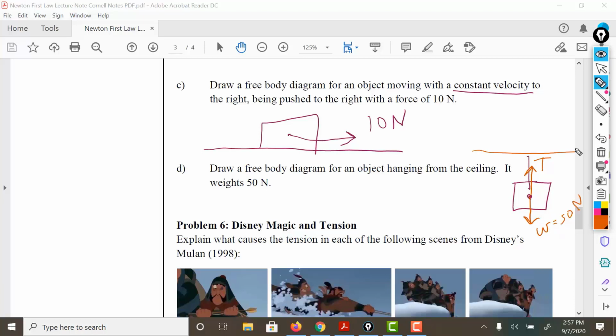Now, if this object is just hanging from the ceiling, do we know what the tension will be based on what we observe? In this case, if it weighs 50 newtons, what might the tension going upward be if this thing is not moving? Consider this for a second. If I hang a string from the ceiling or tape it to the ceiling, and it is dangling there, do you notice a tension in the string?